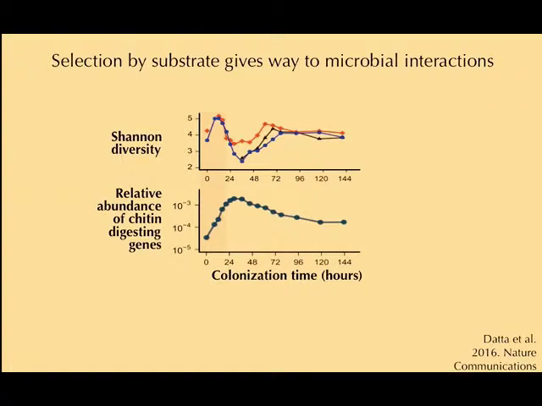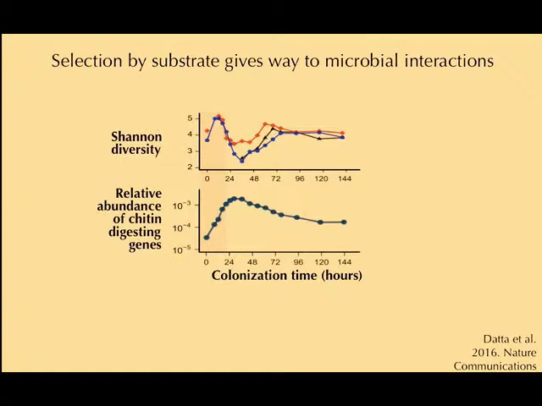Then diversity decreases significantly, but at the same time, and this is for metagenomes, the only piece of data I show you from metagenomes, when you can look at all genes, the frequency of chitinases, the genes that degrade chitin, increases very nicely and smoothly and reaches a maximum at the same point where diversity is minimal. It's a kind of selection, but not in the sense of evolution, but in the sense of species sorting. So diversity decreases, and the things that survive this bottleneck are the things that have chitinases. That's why you see that.